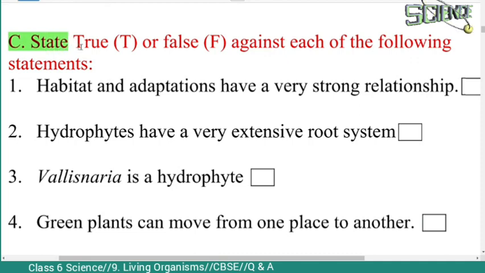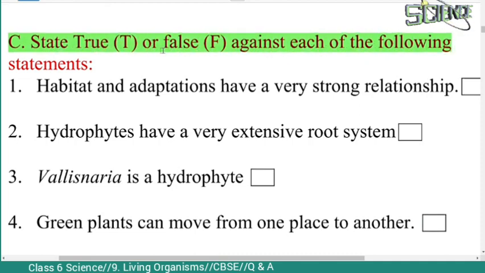Section C. State true or false against each of the following statements. First one, habitat and adaptations have a very strong relationship. It is true.